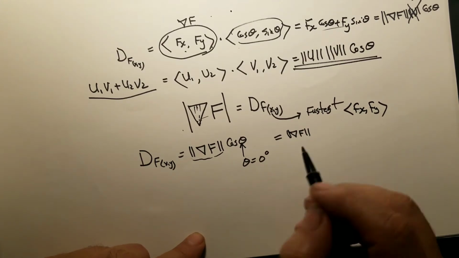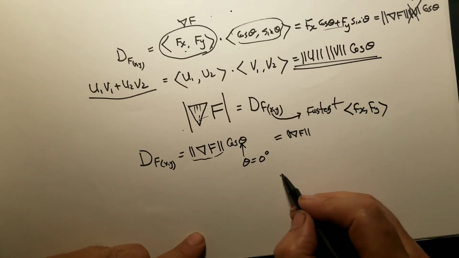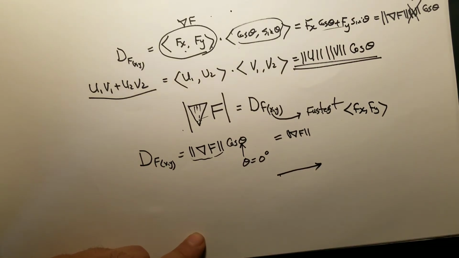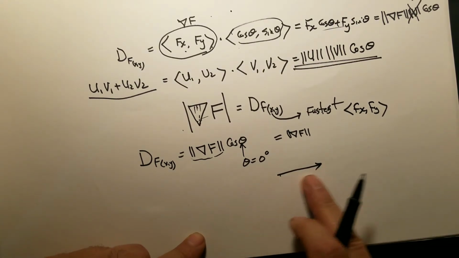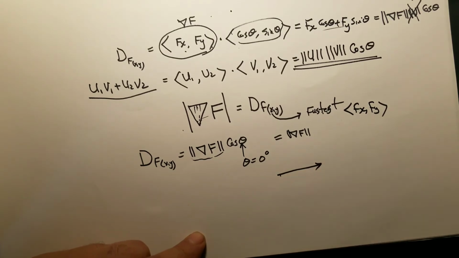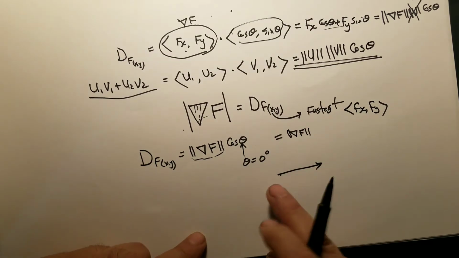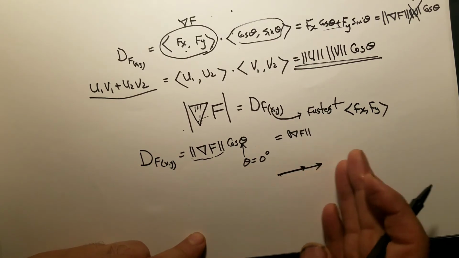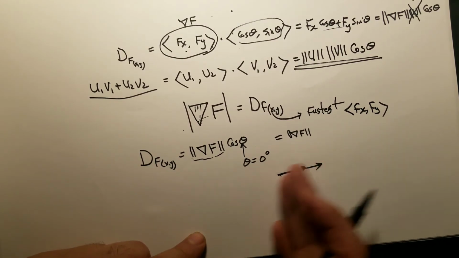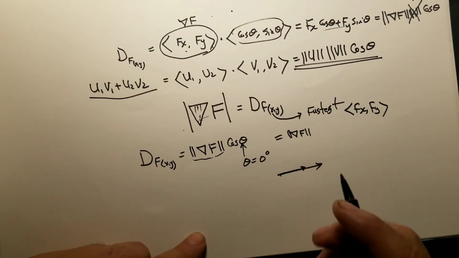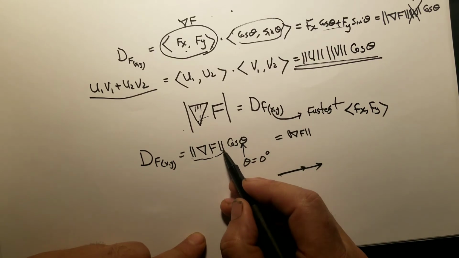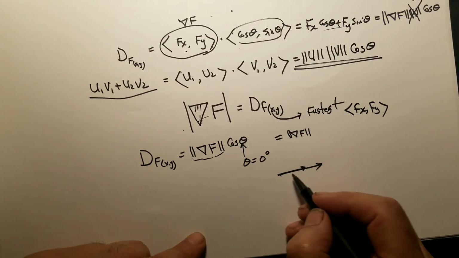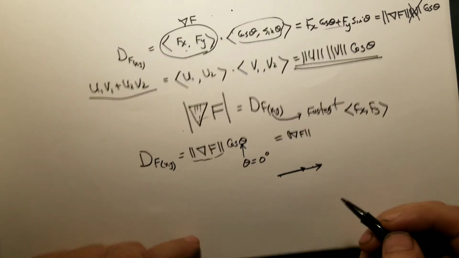Therefore, if your unit vector, that's the direction, maybe the fire is burning, and your gradient are in the same direction, that produces the fastest way the fire is burning.